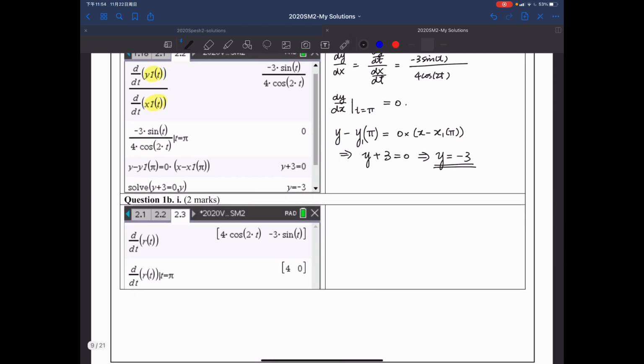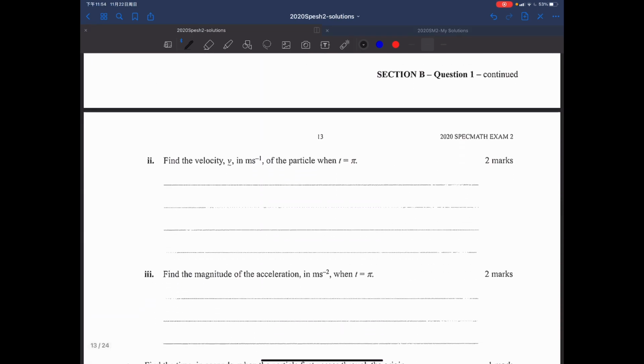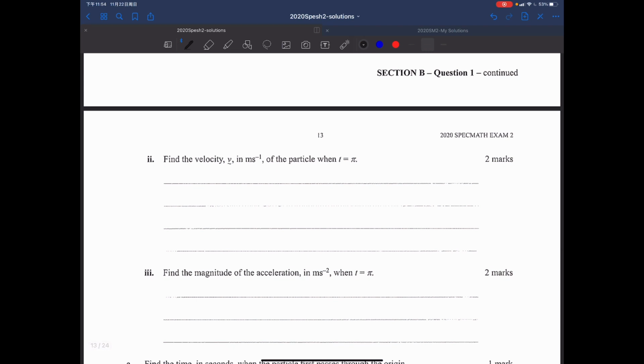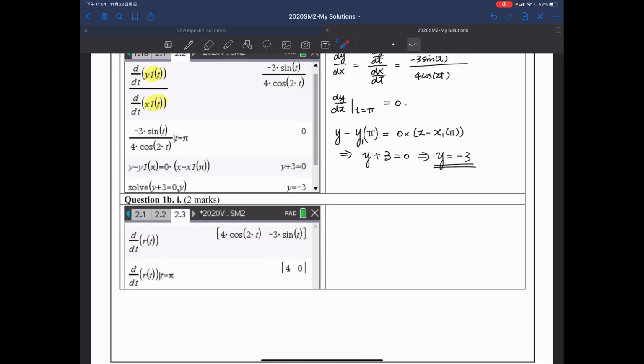The next part of the question, I want to find the velocity. Find the velocity v in meters per second of the particle when t equals pi. On my CAS calculator, I directly differentiated the r of t I defined before, and I got v of t, which is just the first derivative of the position vector: 4 cosine 2t i minus 3 sine t j.